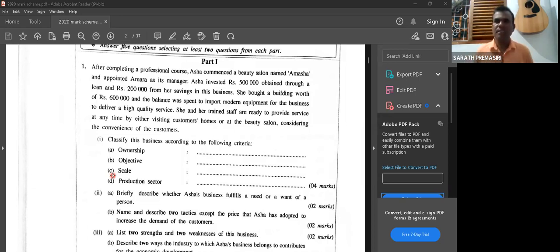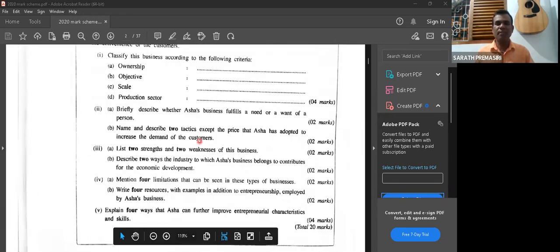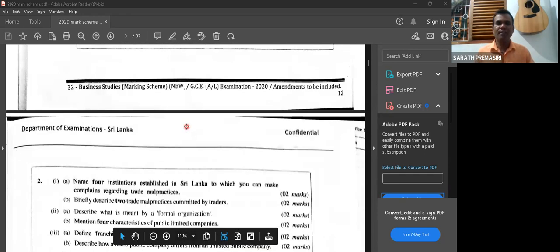Yes, I feel that it is easy for you to manage. Now look at the possible answer according to the mark scheme. Now look at the answer.